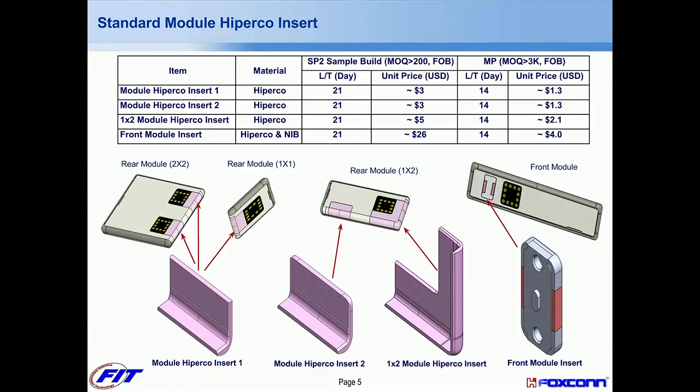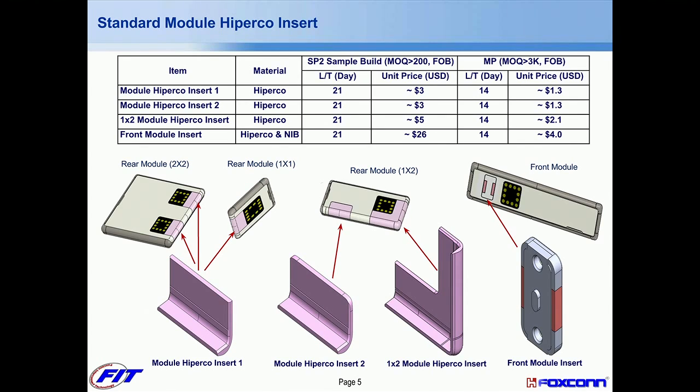What can Foxconn do to help the module developer? First, Foxconn offers the standard module insert, like the module insert 1. This is for the 1x1 and the 2x2 real module. Also, module insert 2 and the 1x2 module insert L shape.